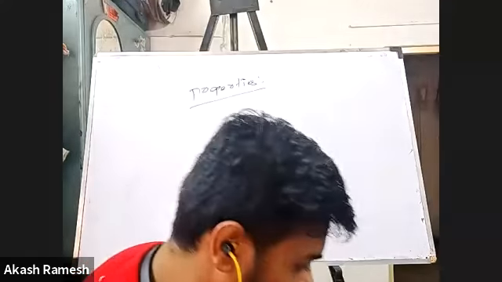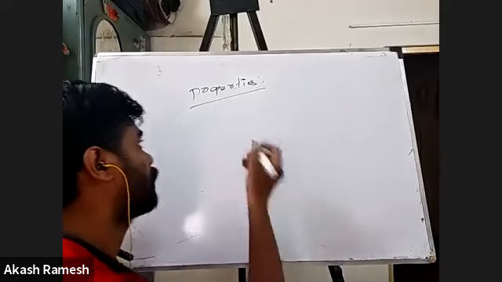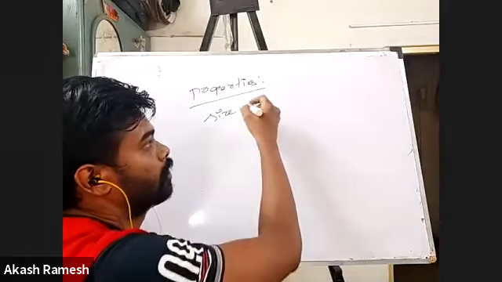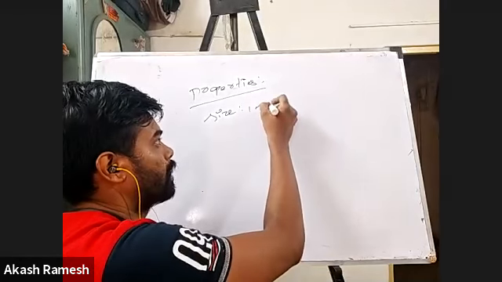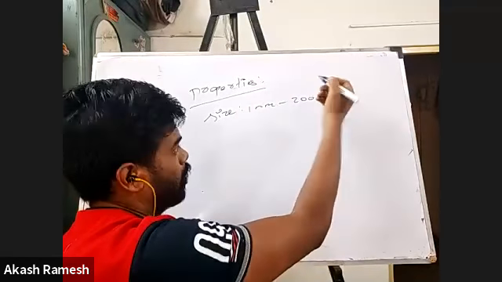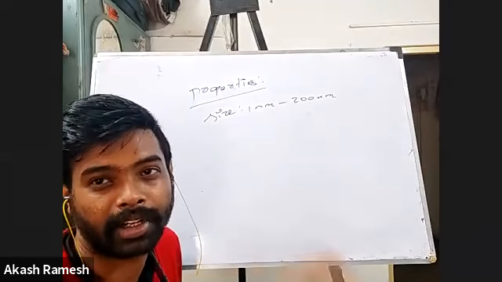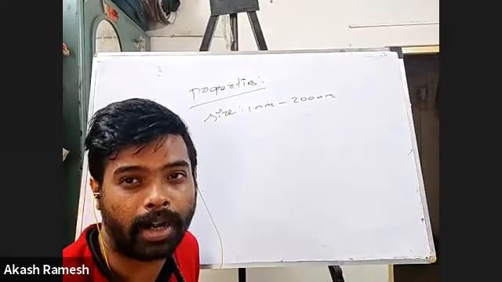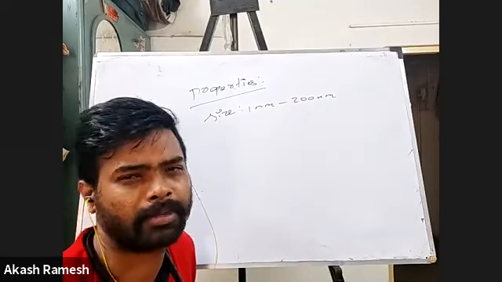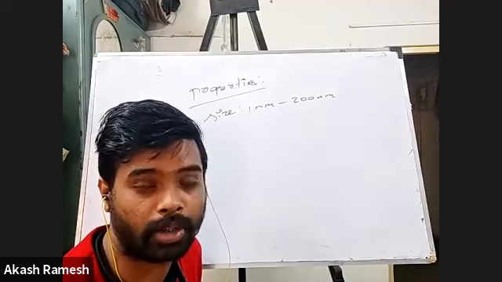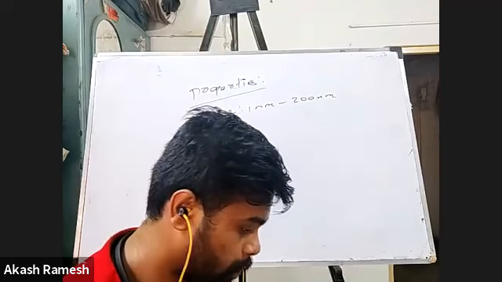We already know the size of colloidal particles is approximately from 1 nanometer to 100 or 200 nanometers. So you can see that the range is varying. Generally I say it is 1 to 100 nanometers, but 1 to 200 is also accepted. That's the first point you have to know.